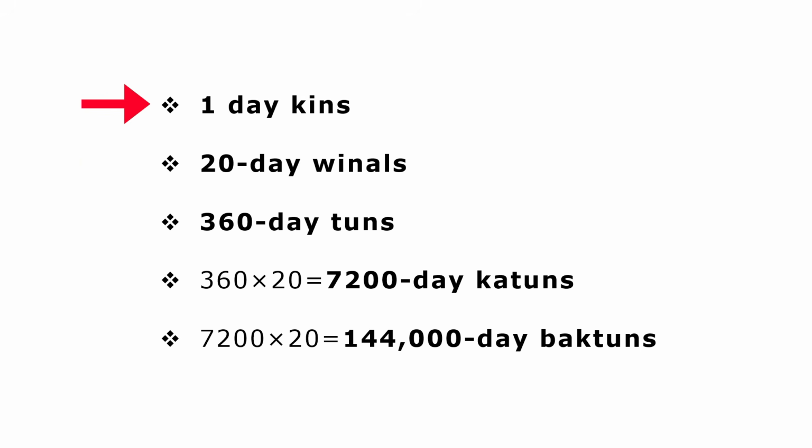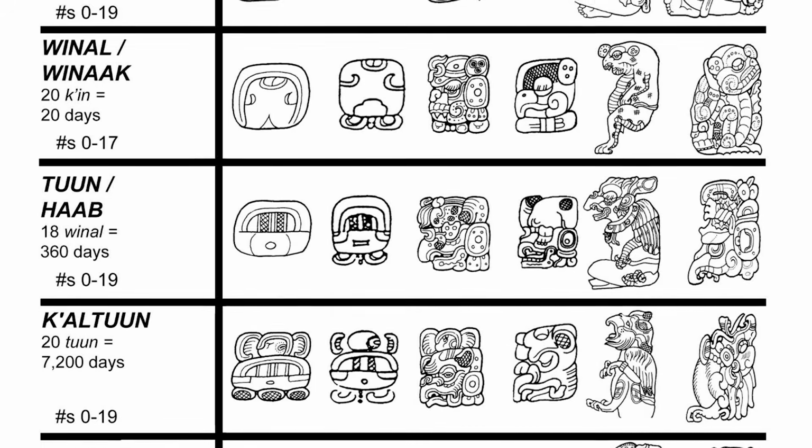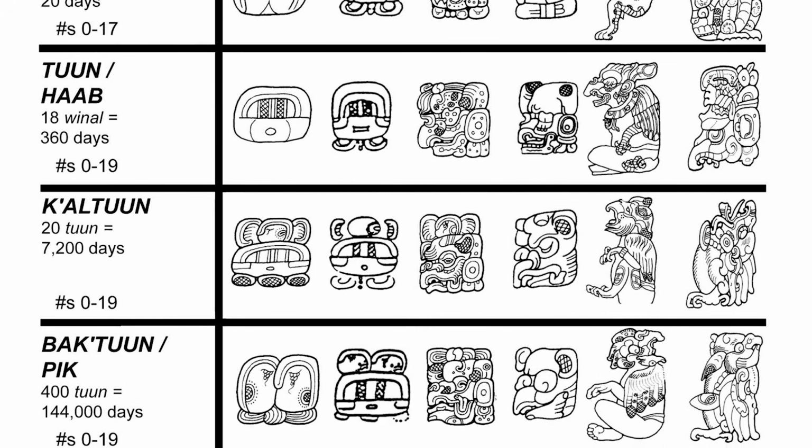We have 1 day kins, 20 day winals, 360 day tons, 360 times 20 is 7,200 day katuns, and 7,200 times 20 is 144,000 day baktuns. And here we see the glyphs for those kins, winals, tons, katuns and baktuns.